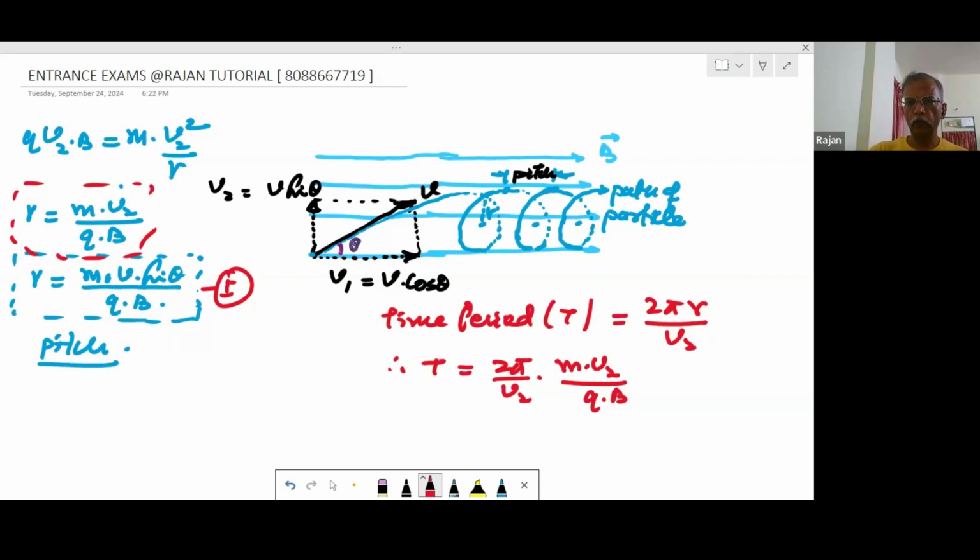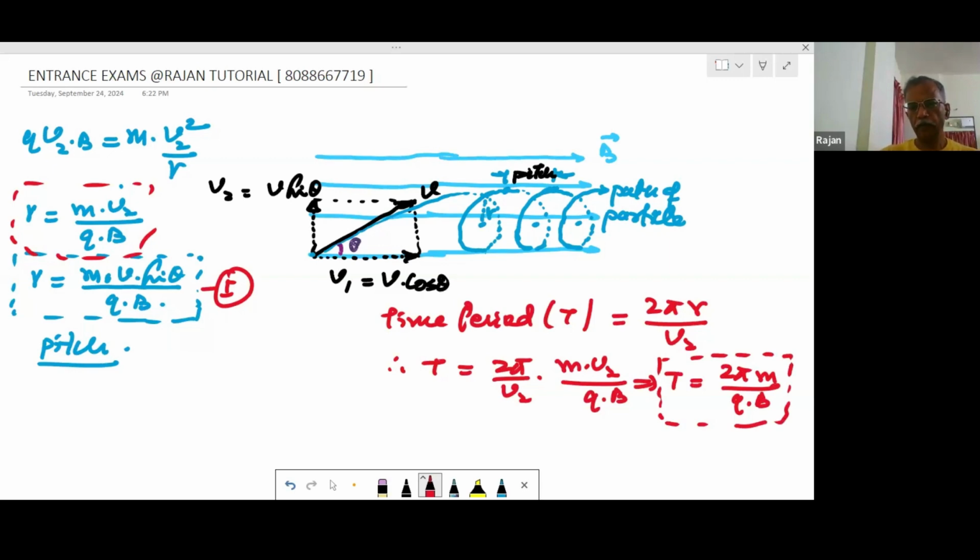So v2 will go away, and then I'm going to have my T, time period, equal to 2 pi m by qB. That is the same as the earlier case where the particle was projected perpendicular to the magnetic field. Same result, time period. So one circle it is making, that is the time.